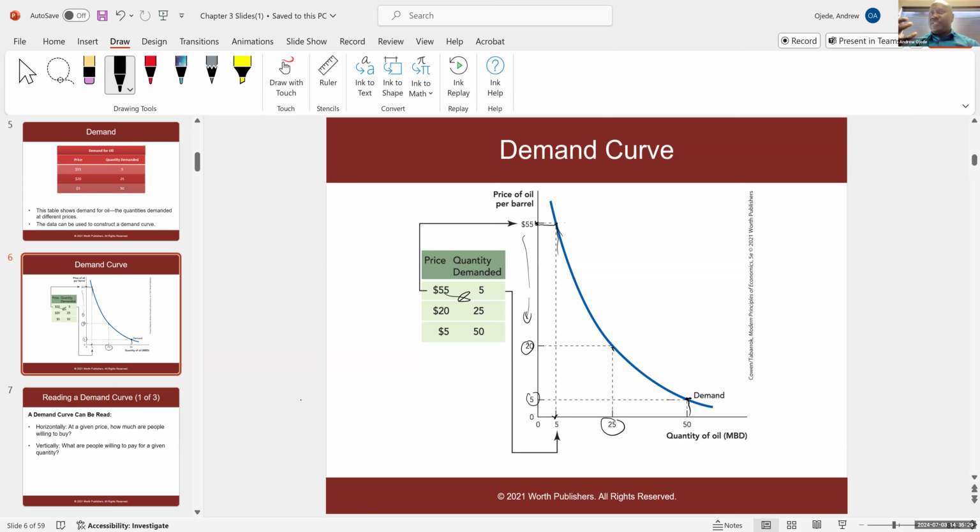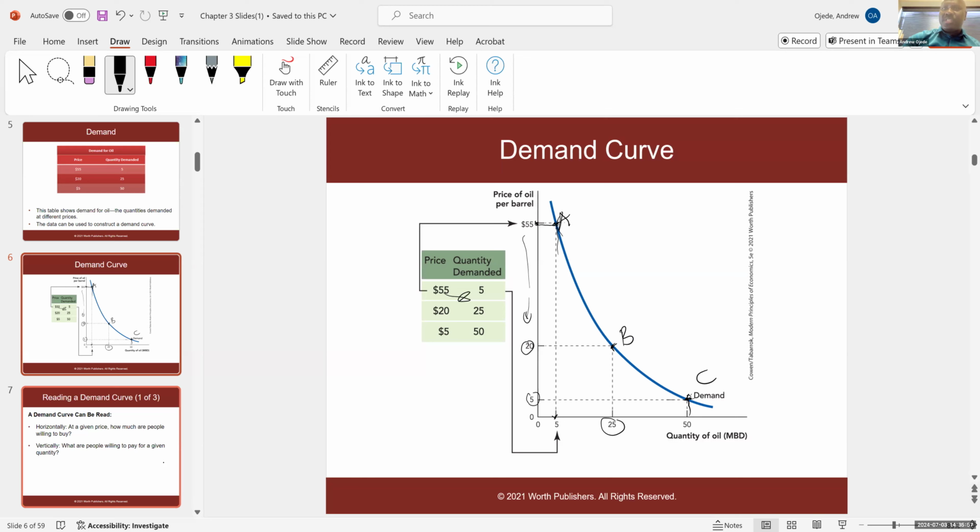The demand curve shows you that inverse relationship between the price of a good and the quantity demanded of the good. So it's pretty straightforward. If you move up the demand curve, you could call these points A, B, and C. If you move up the demand curve, price would be rising.